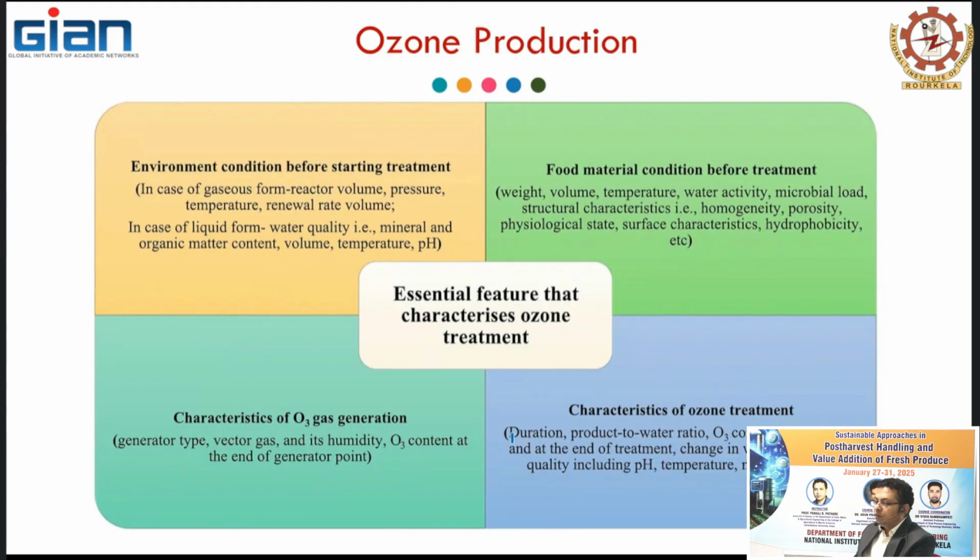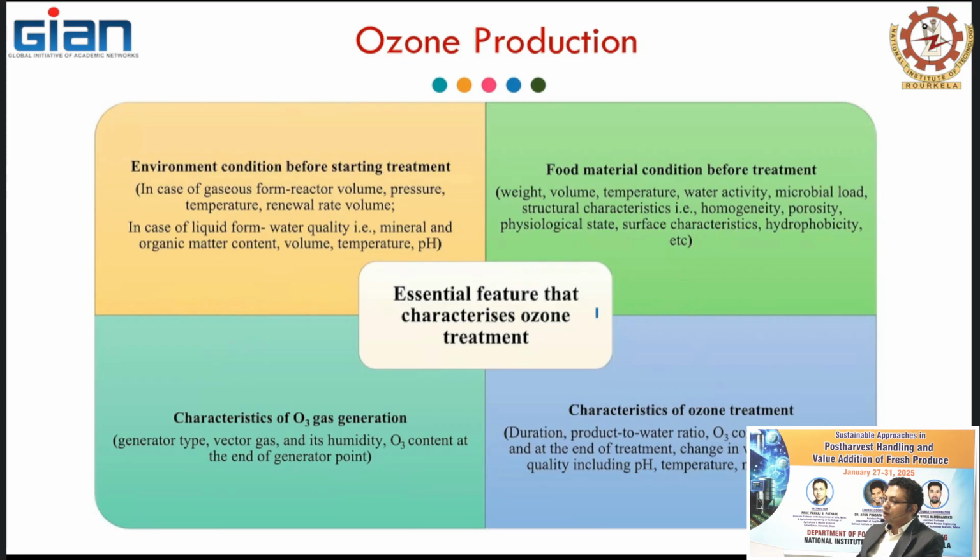So in ozone production, particularly, they look at the conditions before generating ozone. What is the environmental condition? What is the outside temperature? Because low temperature may be good there.